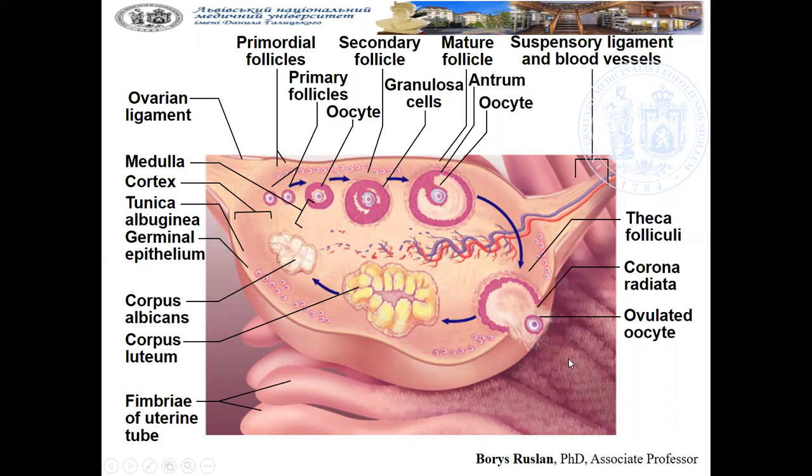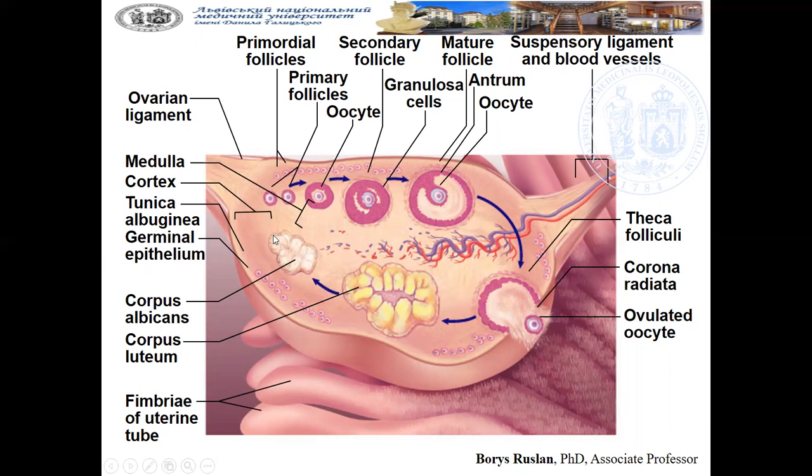Fertilization joins the ovum with the sperm. If fertilization does not happen, the ovulated egg becomes the corpus luteum, and after this the corpus albicans, and disappears in this place.